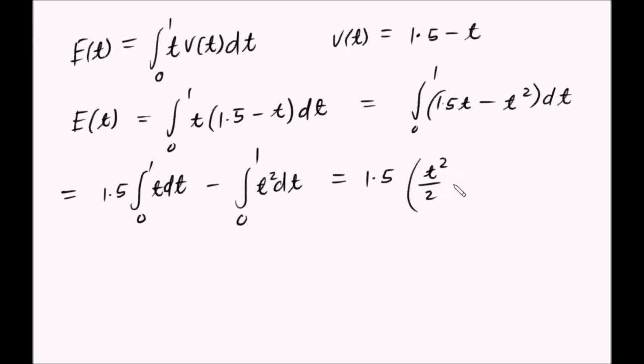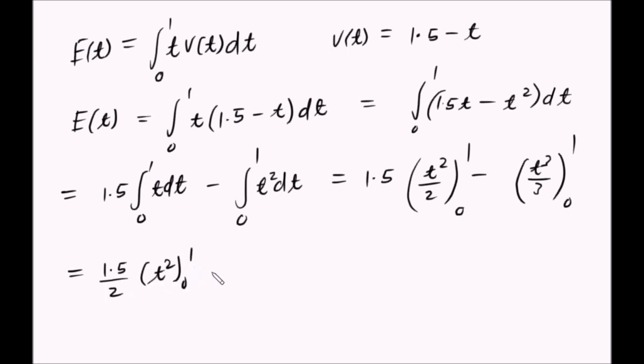I get t squared over 2, and when I integrate t squared, I get t cubed over 3. So 1.5 over 2, we have t squared from 0 to 1, minus 1 over 3 t cubed from 0 to 1. So 1.5 over 2 is 3 over 4.